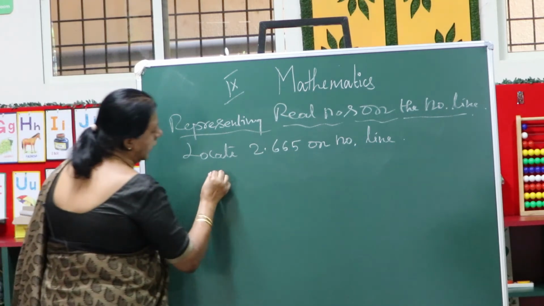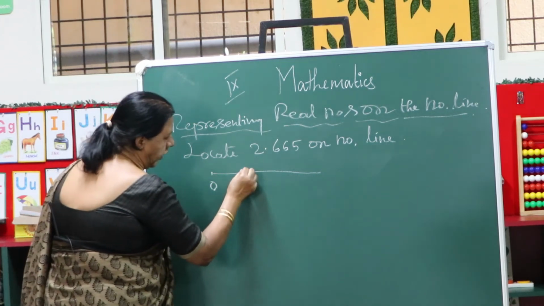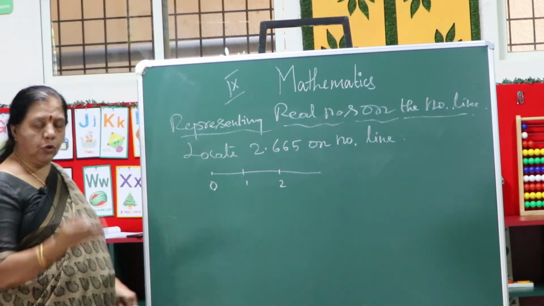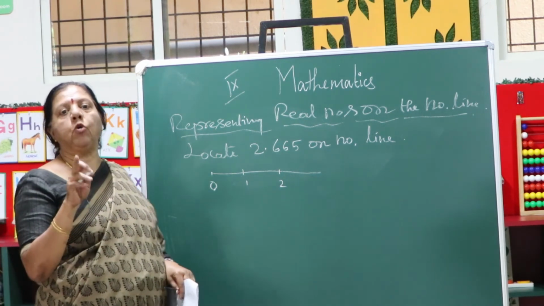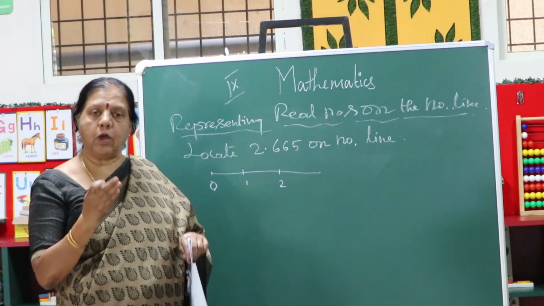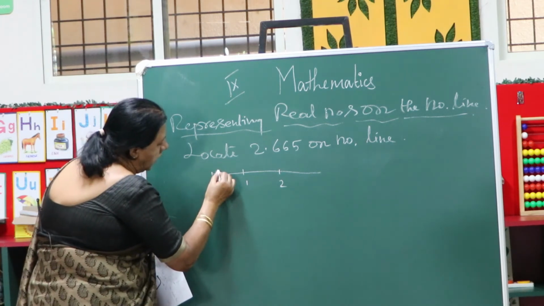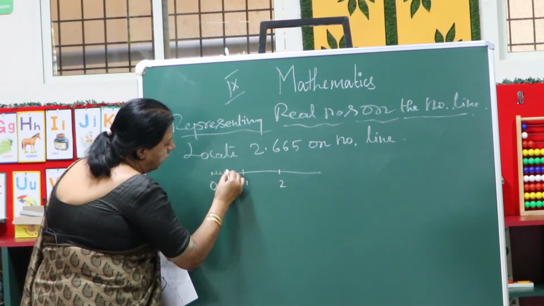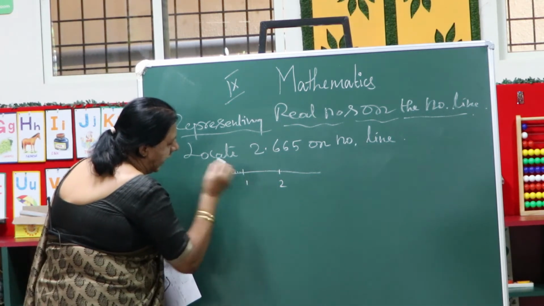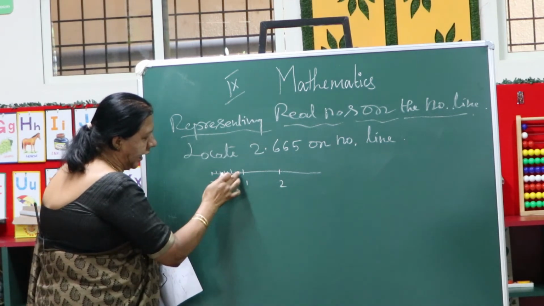See here there is a number line. Here is a 0, after 1 is there, after 2 is there. So you know the scale you are using while you are drawing a straight line and construction, whatever you are doing, you are using a scale. So in between that, see here 1, 2, 3, 4, 5, 6, 7, 8, 9. See 10 lines are there. 0 to 1, 10 lines are there.